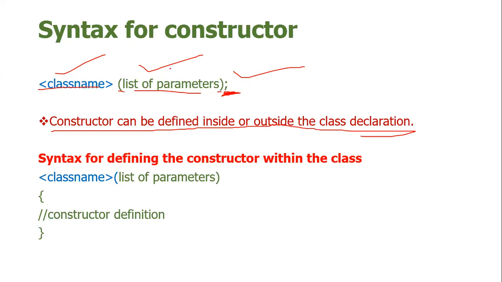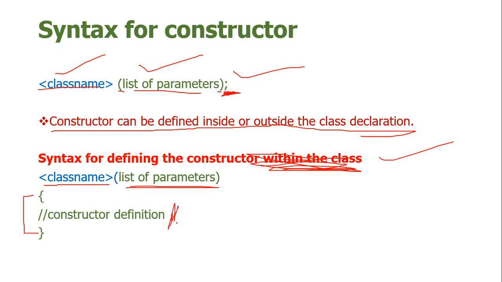Let us see how we define the constructor within the class. It has the class name, which must be the function name, and if the constructor has a list of parameters, you have to define the parameters, and it has an open brace and a close brace.